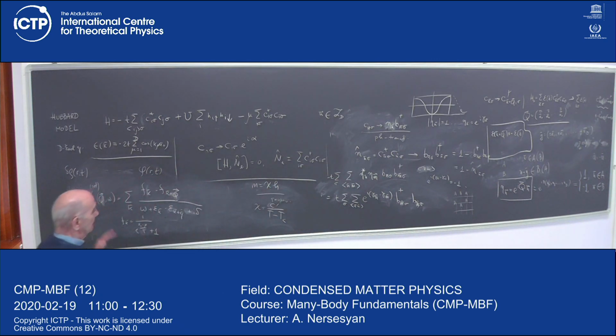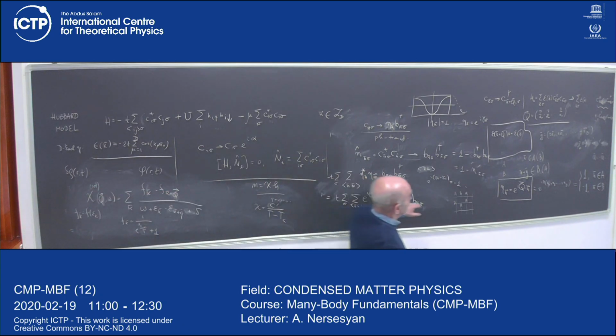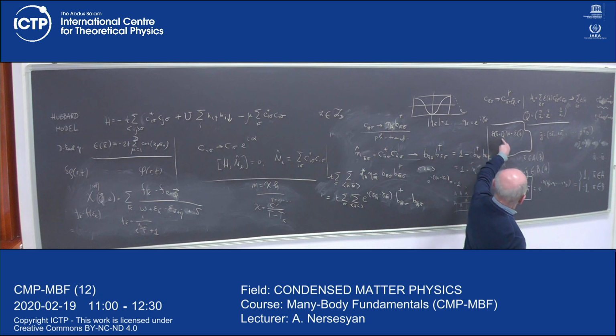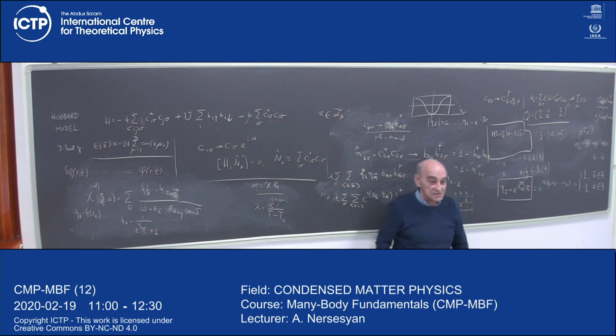I don't care about the interaction, so the chemical potential is taken to be 0. But then I see that f of k is f of epsilon of k. It depends on k only via epsilon, without this mu.